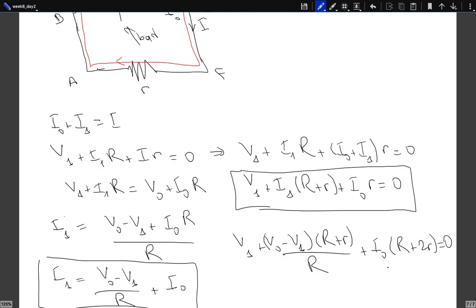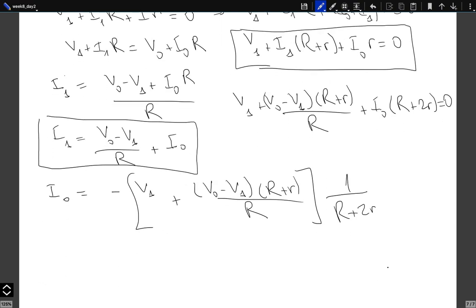So from this one, so here I1, okay, that is fine. Then what we did from this one, we solve for I1. I1 is V0 minus V1 plus I0 times R over capital R. This is correct. Then I put it over there. This is the equation we have, and okay, fine. This is the last equation I have. Everything seems to be fine.